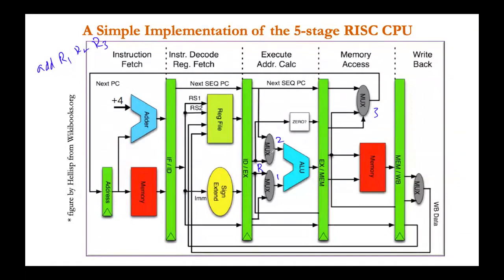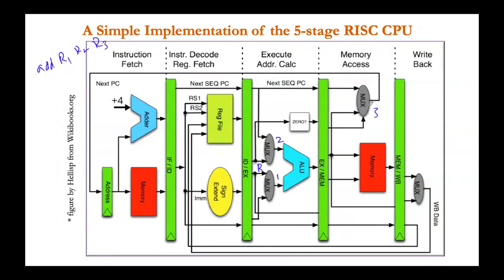Similarly, multiplexer 2 takes two inputs: one from your register file and one from your next sequence program counter. The output of the multiplexer is given as an input to your ALU. Now see the output of the ALU.